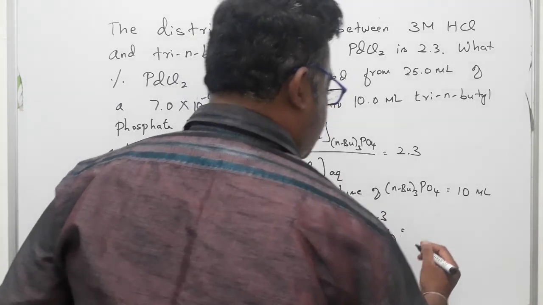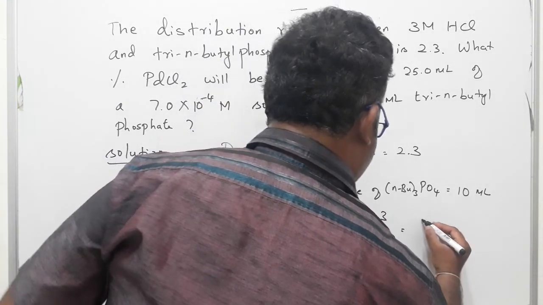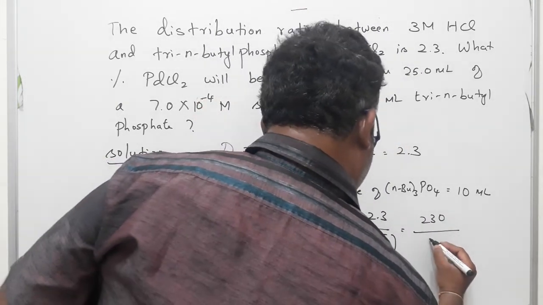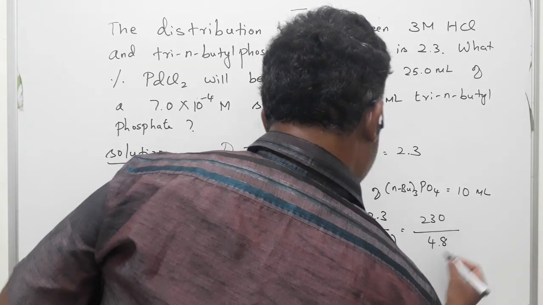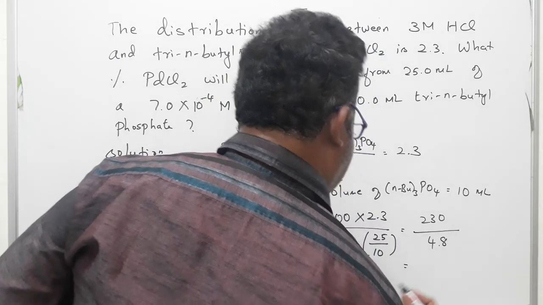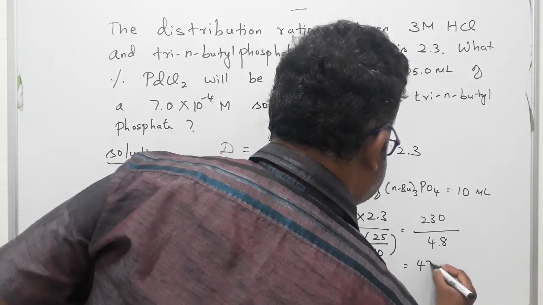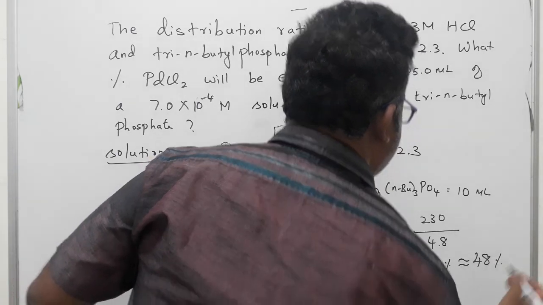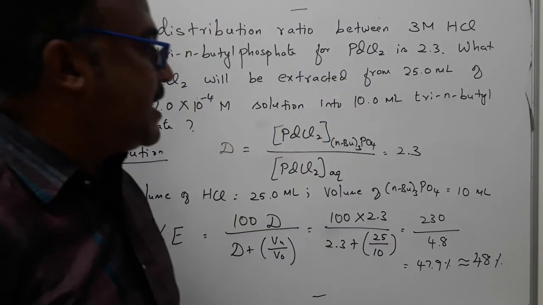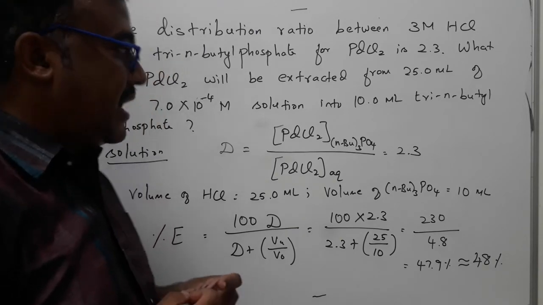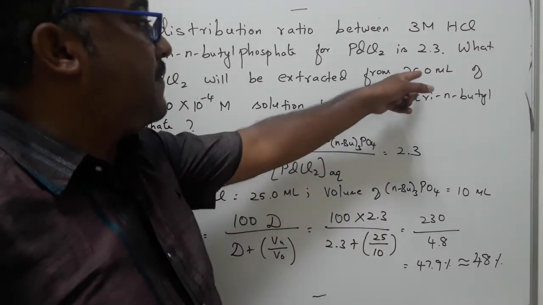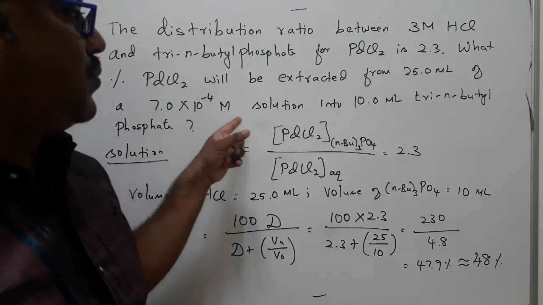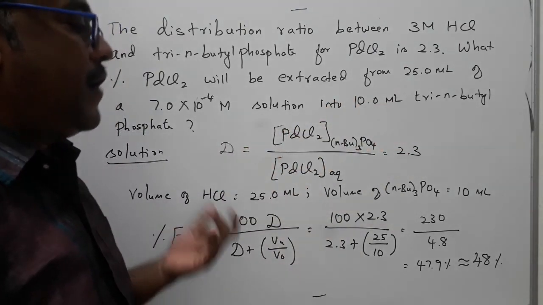That equals 230 divided by 2.3 plus 2.5, that is 4.8. If you divide this, you get around 47.9%, which is approximately 48%. So 48% of palladium chloride can be extracted from 25 ml of HCl solution of this concentration with 10 ml of tri-N-butyl phosphate.